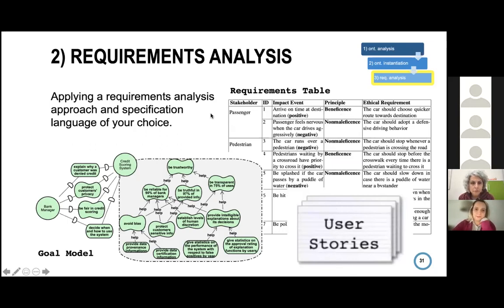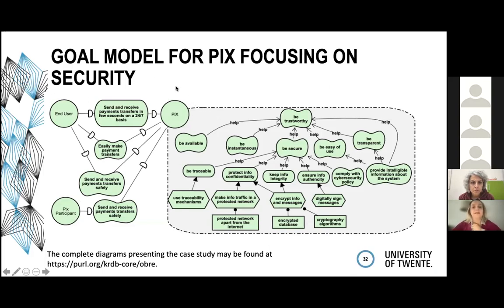So for instance, here is a goal model of the Pix, focusing on security. And we actually published the other models in a particular link, because we weren't able to bring all of them to you, but they are published there in case you have the interest to see. And I won't go through all of them because I want to leave you time for questions.